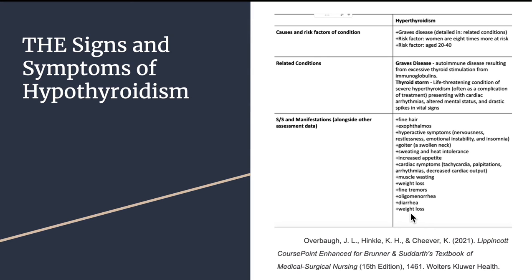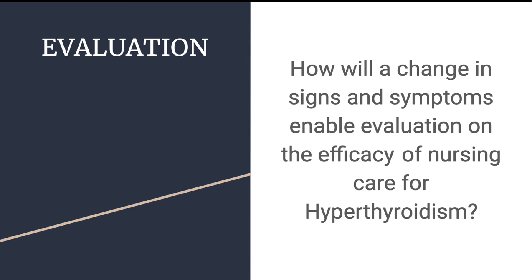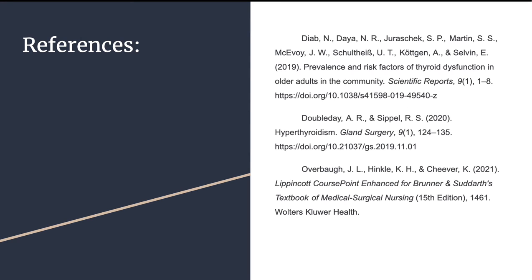We want to prevent further weight loss. And though we are attempting to treat the abnormal levels of thyroid-related hormones, treating hyperthyroidism will include treating the symptoms of the diarrhea and the weight loss that are included in there. And that's all I've got for today.